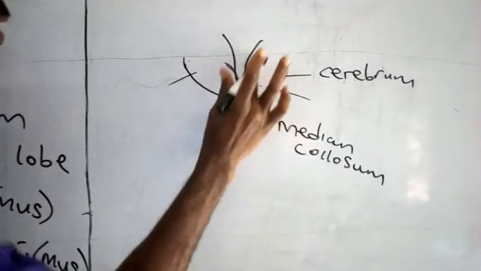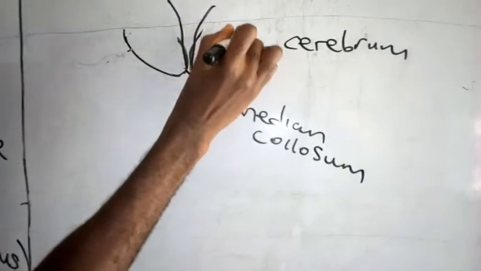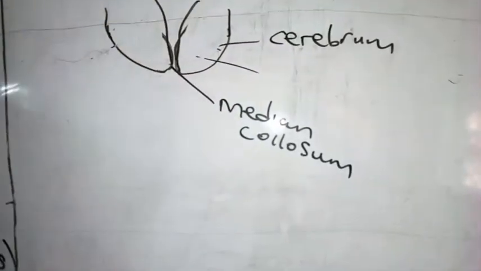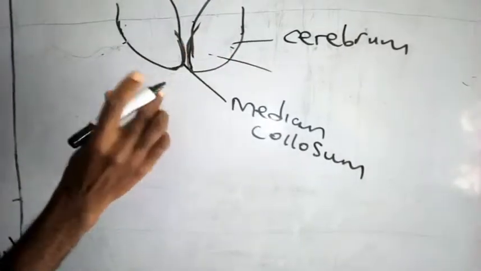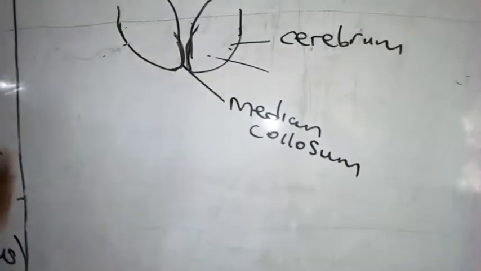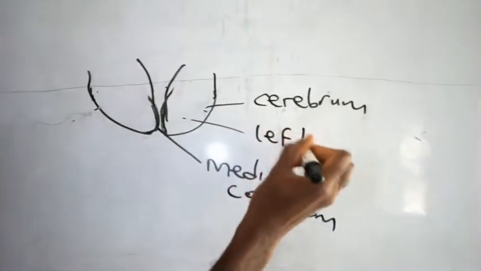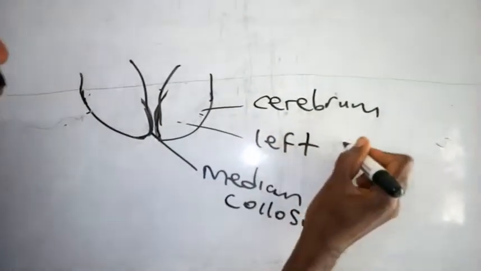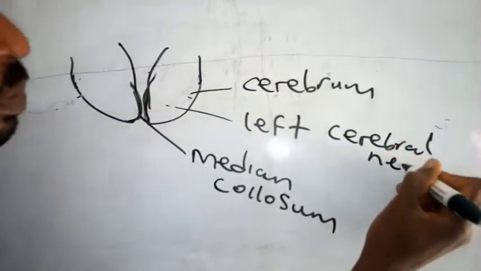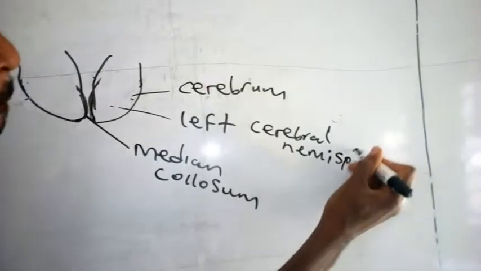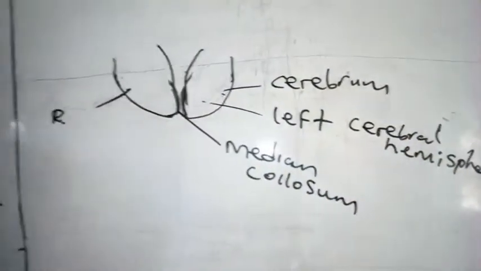It's just a sketch. Later I'll give you a full diagram of the brain. I'm just using this for illustration. Now, assuming this furrow is called the medial callosum, these are the hemispheres. This is the left cerebral hemisphere, depending on where you are looking at it from, and this is the right cerebral hemisphere.